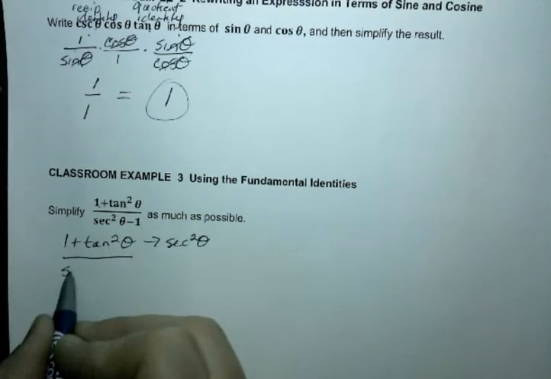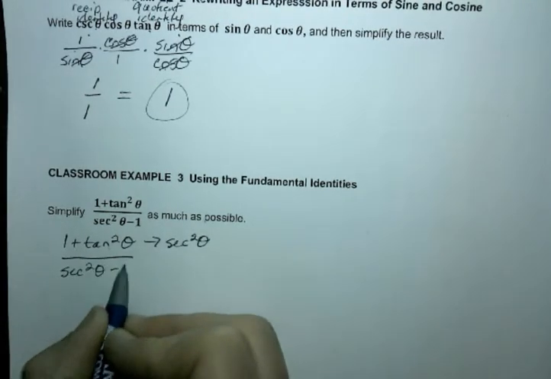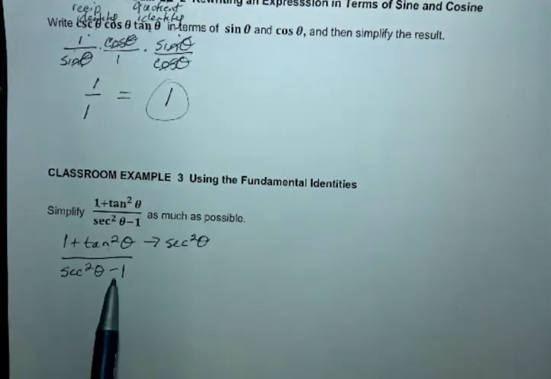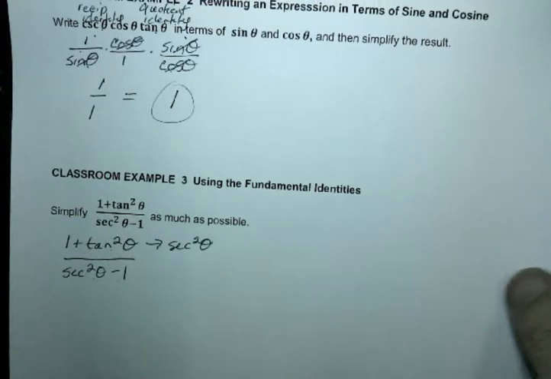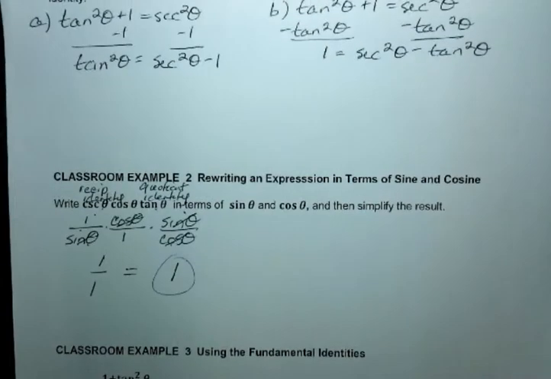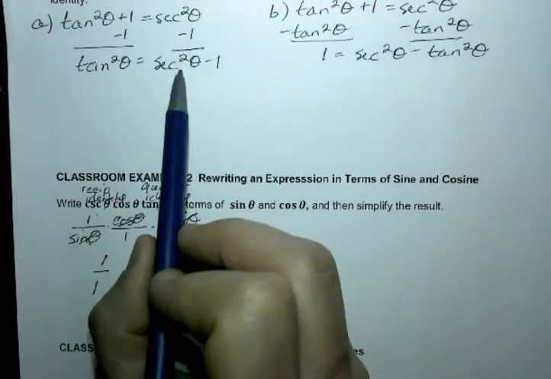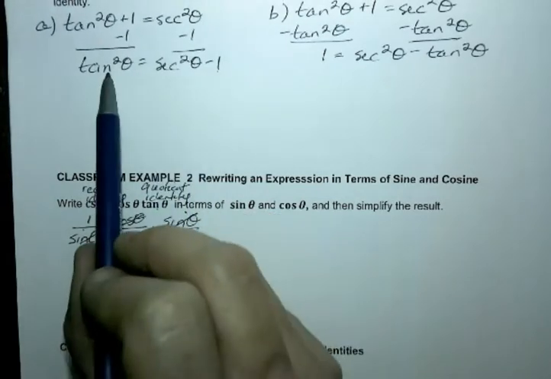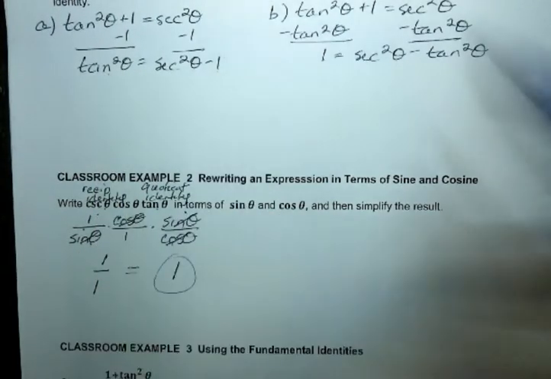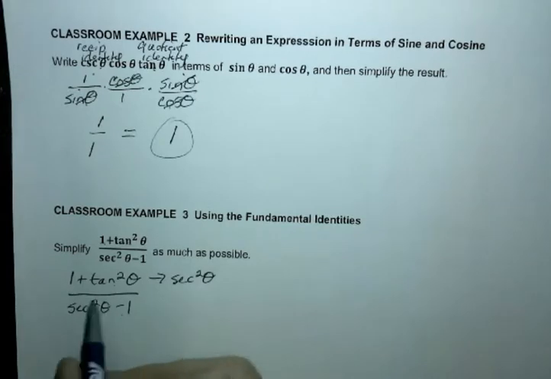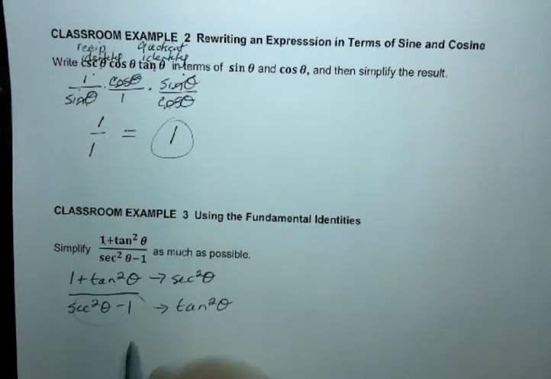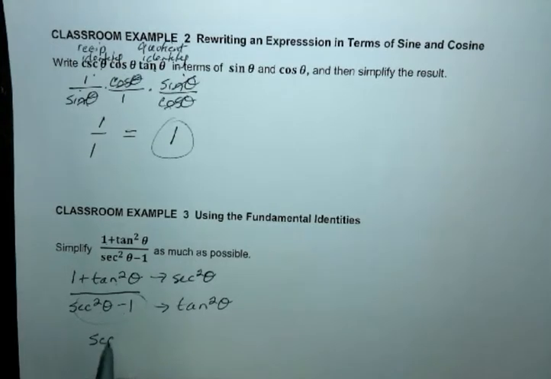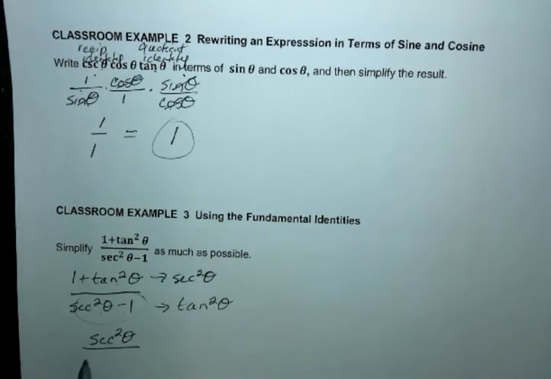If we look at the one on the bottom, though, this is an alternate form of that same Pythagorean identity. It's actually one of the ones that we came up with up here. Secant squared of theta minus 1 is the same as tangent squared of theta. So in place of all of this, we're going to put in tangent squared theta. That gives us secant squared theta on the top and tangent squared theta on the bottom.